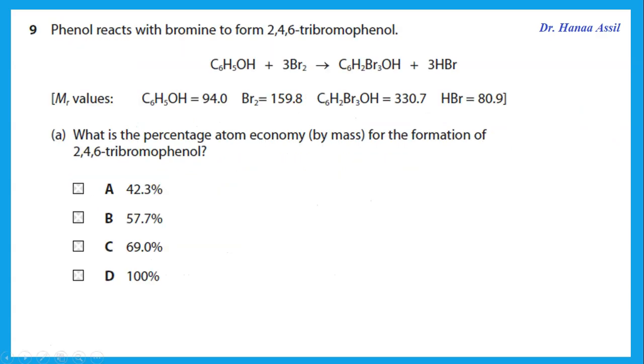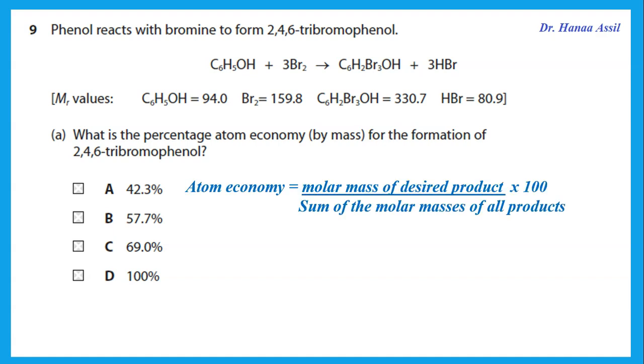Then question 9 says phenol reacts with bromine to form 2,4,6-tribromophenol, and the question is, what is the percentage atom economy for formation of 2,4,6-tribromophenol? Remember, percent atom economy, how do we calculate that? It is the molar mass, or the Mr, of the desired product that we're looking at, which is here 2,4,6-tribromophenol, over the sum of the molar masses of all the products times 100.